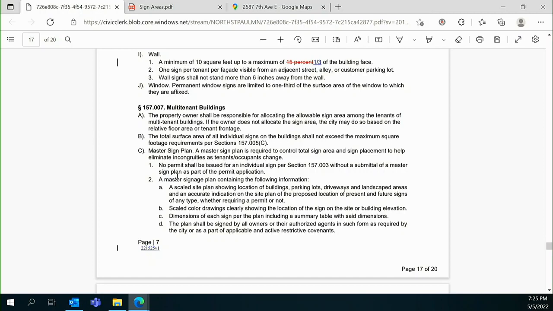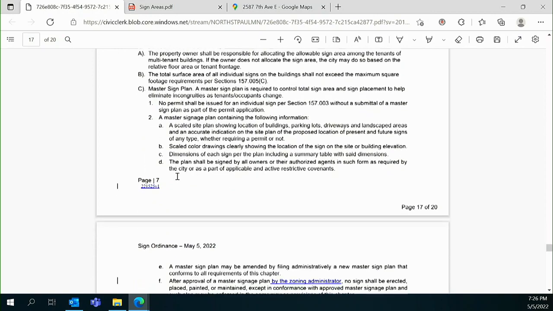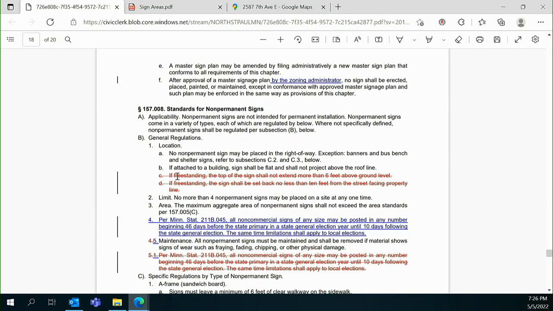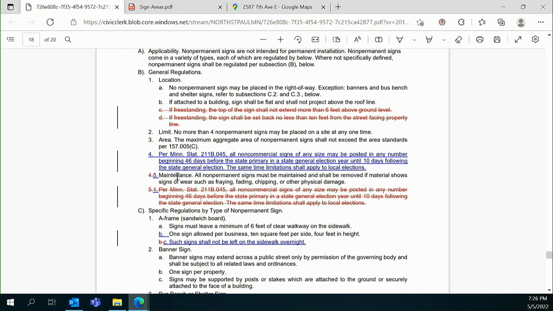Any more on 17? I got stuff on 17, sorry, but I'm hoping this is our last version, and then we're done. Under 157.008 B4, when it references the Minnesota statute, the Minnesota statute allows all commercial signs of any size and number.